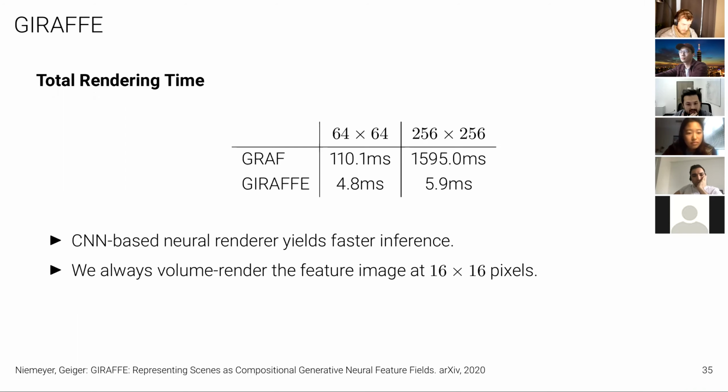So here you can see that at a 64 squared resolution, the rendering time is already much faster, but it really makes a difference for higher resolutions, where you have this very large rendering time for GRAF or NeRF, etc., or pi-GAN and so on. And with this neural renderer, you really get quite fast rendering time.